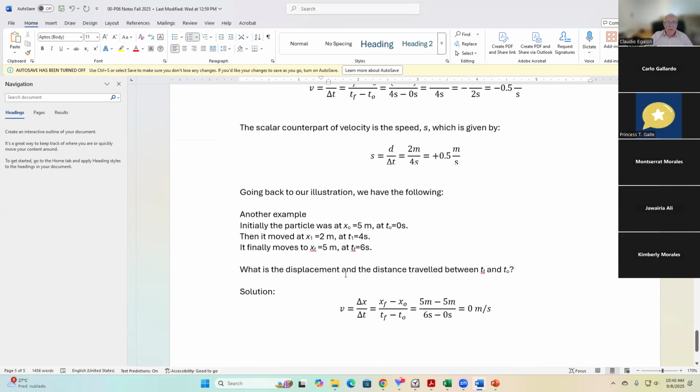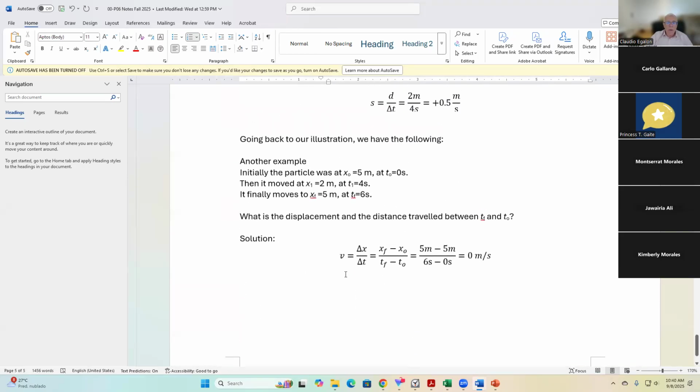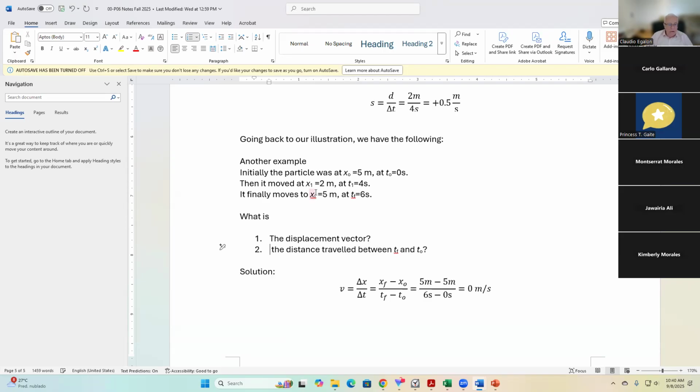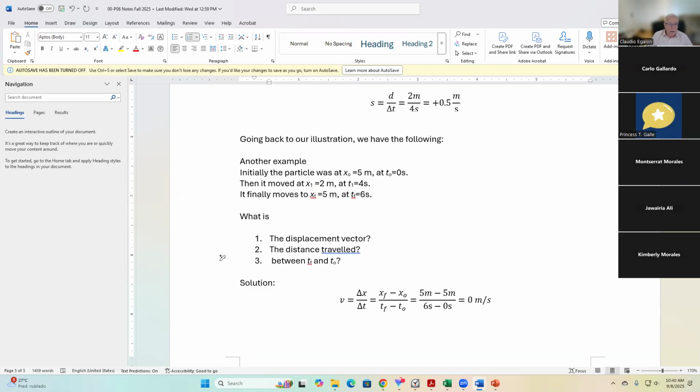What is the displacement? Let's see. 1. What is the displacement vector? 2. The distance traveled. 3.